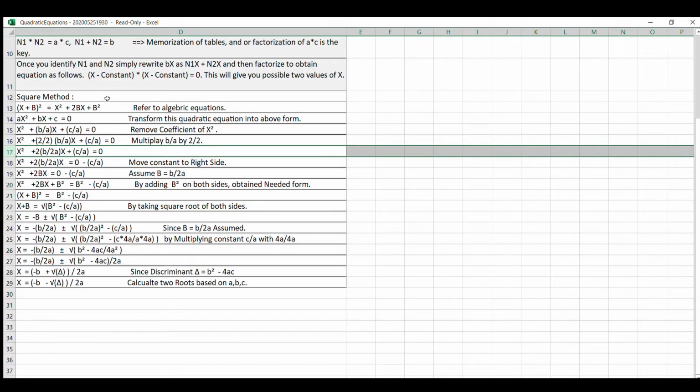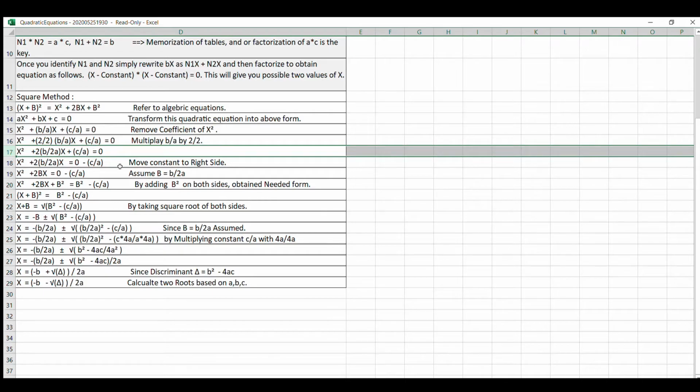Here that equation got converted into x square plus 2bx plus b square. So now if you replace b by 2a with b, your equation reads x square plus 2bx plus c by a is equal to 0.